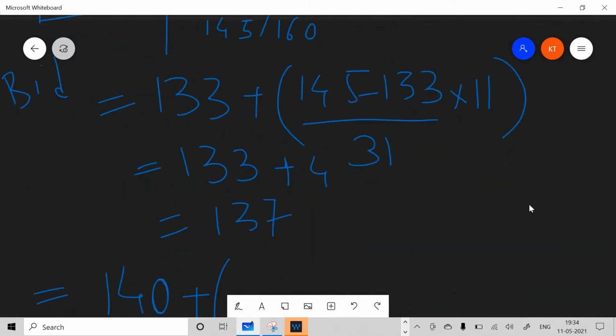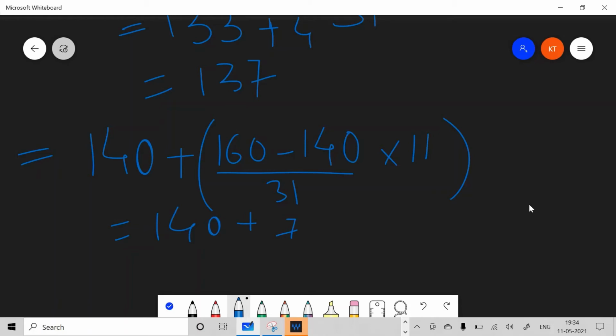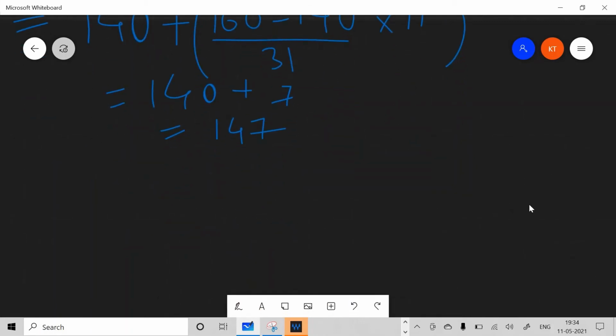So that's why you are doing the interpolation, and so we have the difference which is for the entire period of August, but that is for 31 days. You need it for 11 days. On solving you should get 7, right? And that comes to 147. So basically we have found the swap points for the period starting from 30th June till the date of 11th of August.